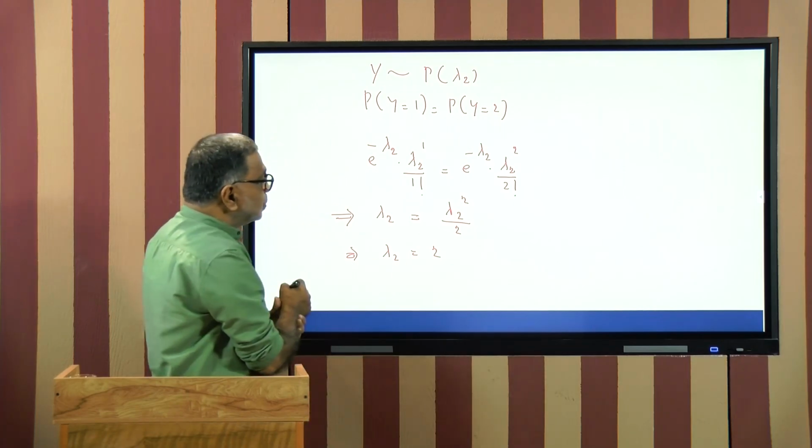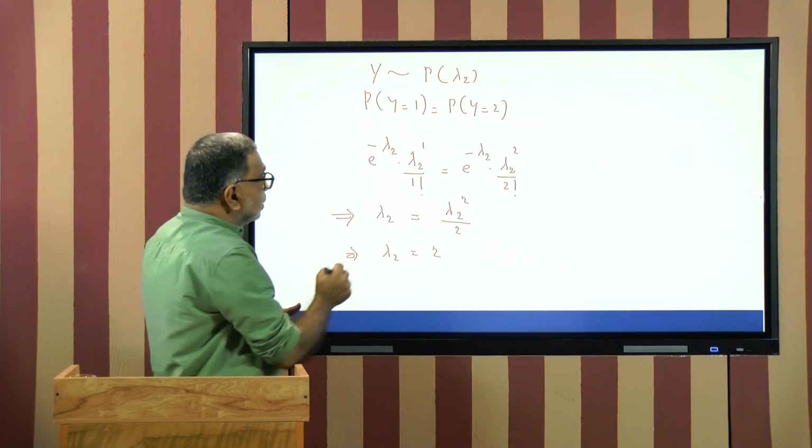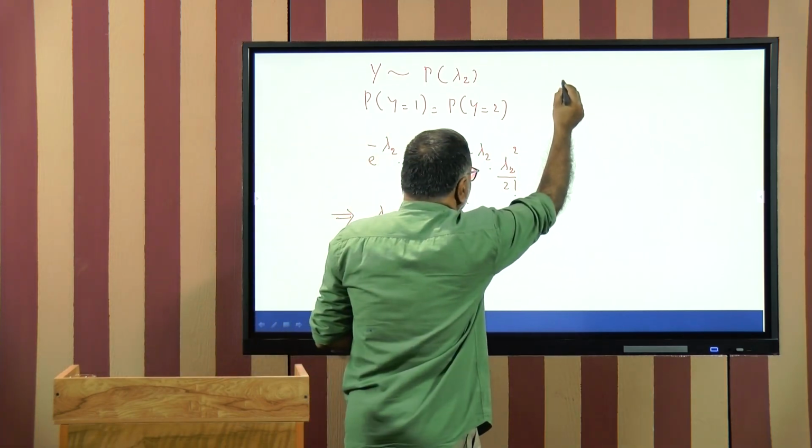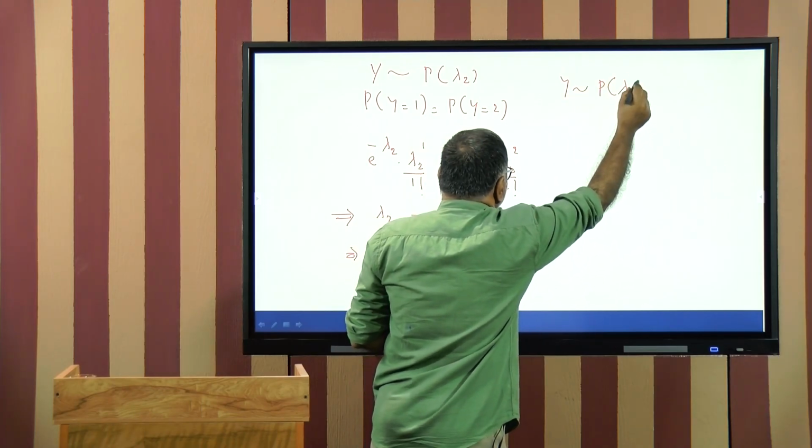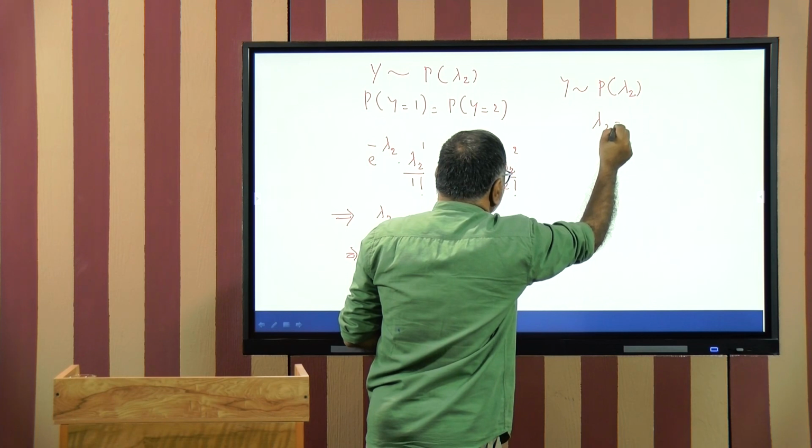So, lambda 2 is equal to 2. Okay. Hence, y is a Poisson random variable with the parameter lambda 2, where lambda 2 is equal to 2.